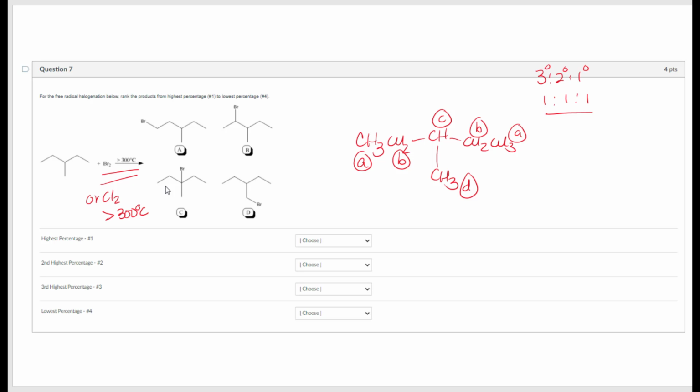So it's pure statistics. So again, A is 6 H. 4 hydrogens give us product B. 1 hydrogen gives us product C. And 3 hydrogens give us product D. Selectivities are all 1.